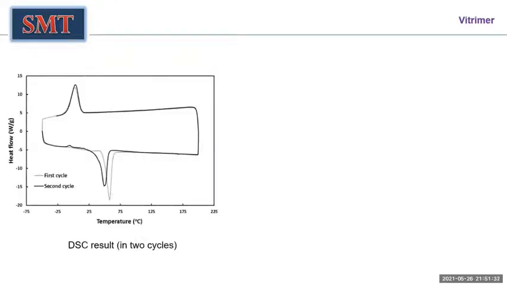Now, bitumen. This is a commercially available bitumen, and these are the DSC, differential scanning calorimeter, results in 2 thermal cycles. This is heat flow and this is temperature. Now you can see that upon heating to this range, in the first cycle and the second cycle, around here, about 70 degrees, it fully melts. This is according to DSC.